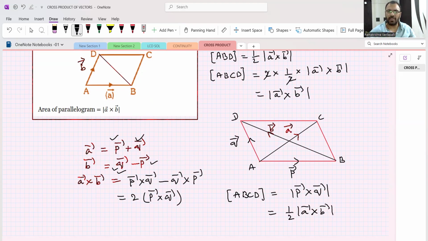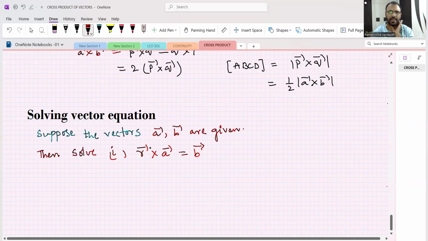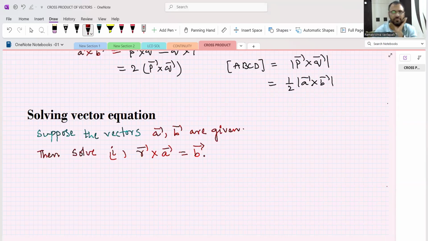Now, at last, I'm going to explain the solving of a very good, repeated vector equation. That I'll explain now. That is most important. Here is a most important vector equation. Solve R bar cross A bar equal to B bar. Well, okay. So here is the solution.